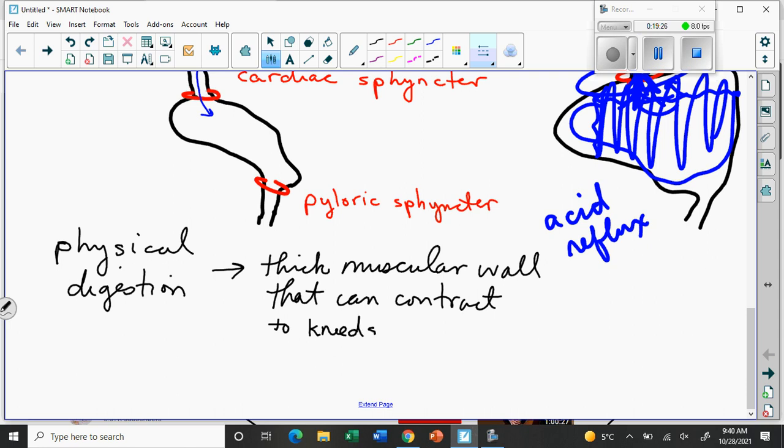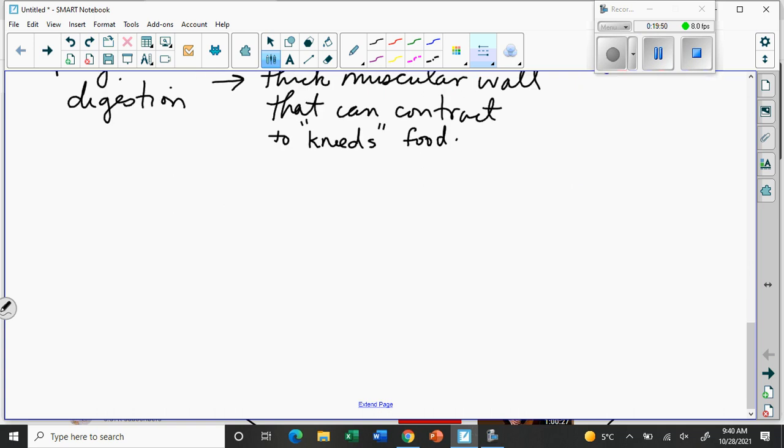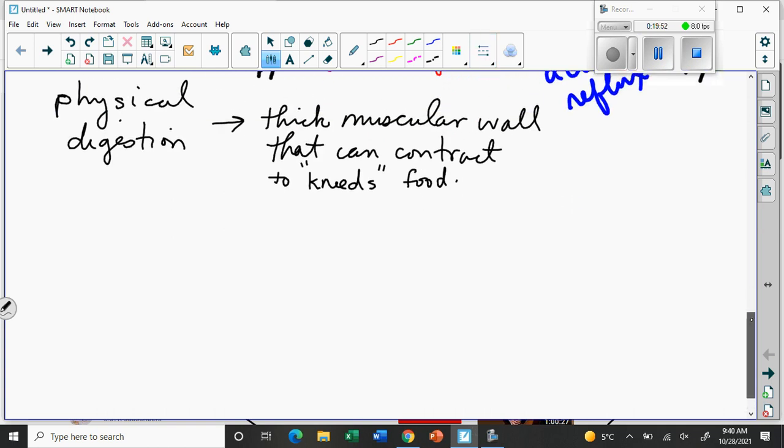If you've ever seen somebody working a big, large piece of dough to get the yeast mixed all through it, they just kind of squeeze it and squeeze it and squeeze it. It kneads the food that's in the stomach.